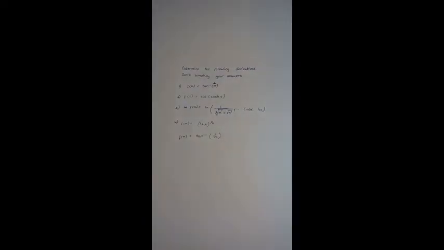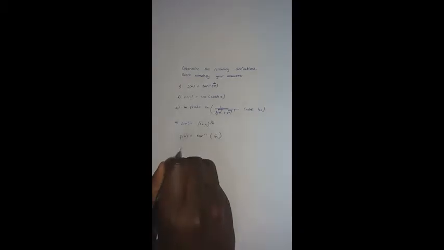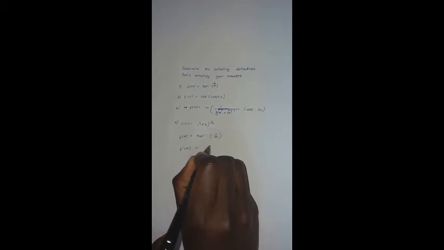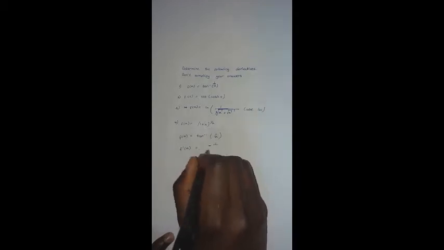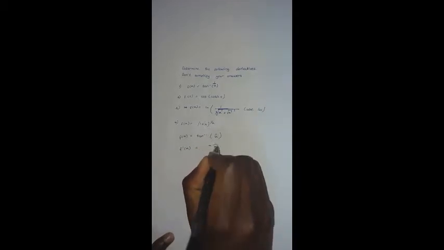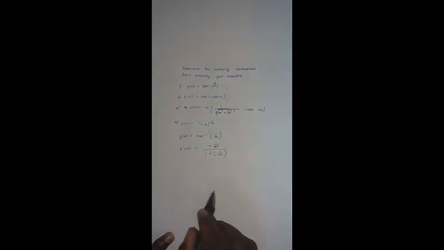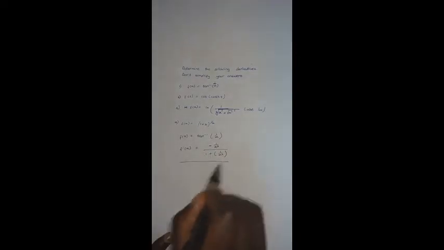If you've memorized the table of derivatives, you quickly discover that the derivative is negative 1 over x squared over 1 plus 1 over x squared.